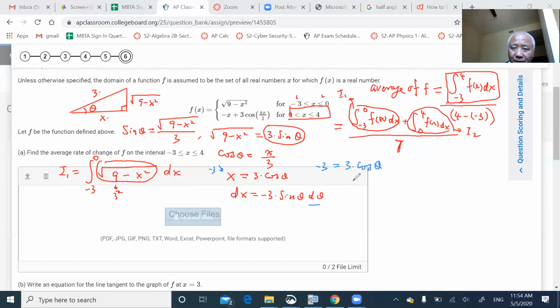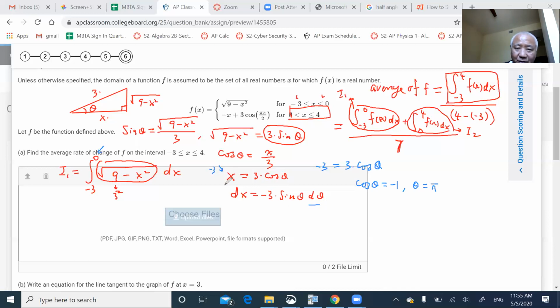And then cosine theta equals -1. So theta equals what? Cosine pi equals -1, so theta is pi. And also I'm using the other boundary, x equals 0.